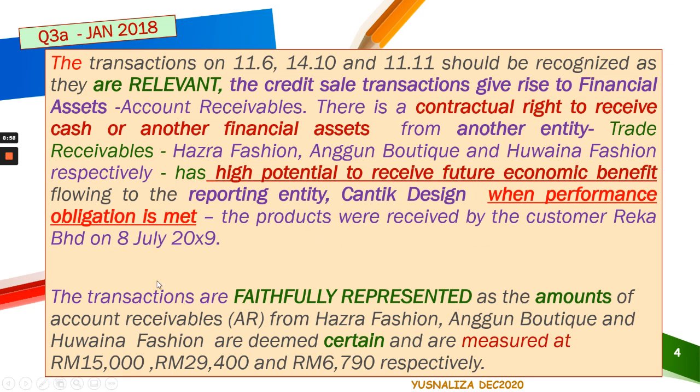So we also expect to receive this from our customer. Our customer here is not Reka, but those customers. So I just deleted this because there was a mistake here. Just ignore this. This customer refers to the three customers that you have, which are Hazra Fashion, Angun Boutique, and Wainah Fashion.